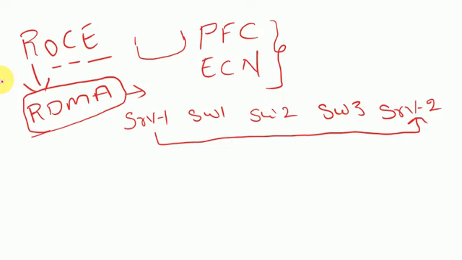ECN is what we said, explicit congestion notification. It is not an algorithm, it just sends notification messages. When server 1 sends a packet to switch 1, switch 1 further forwards the packet to switch 2. Now switch 2 is already in congestion, so what switch 2 will do is, it marks the ECN on the TCP/IP packet and forwards it to switch 3.